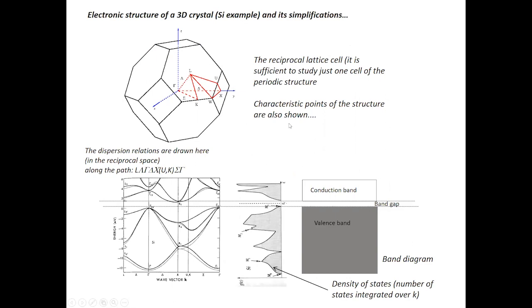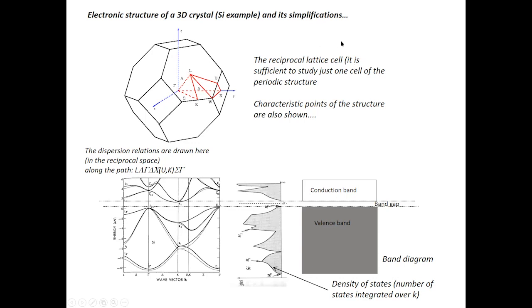I realize that it's quite a complicated problem, because you have this electron dispersion in 3D, so somehow you have to manage this, and there are simplifications. Here you have an example of a 3D crystal.